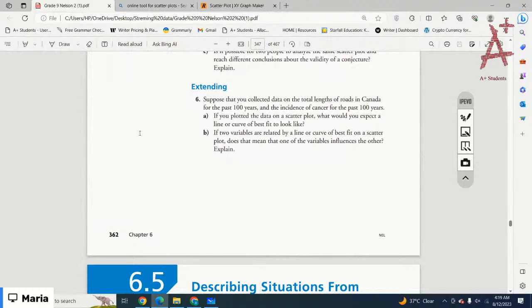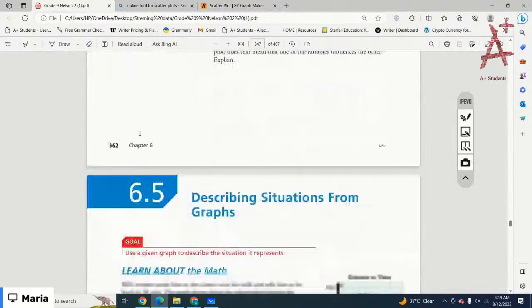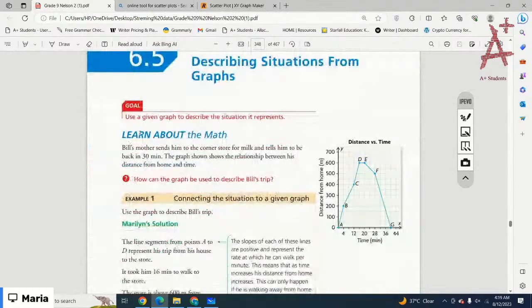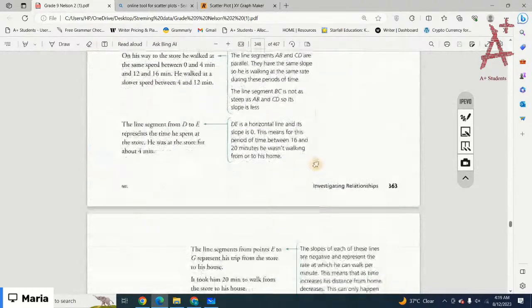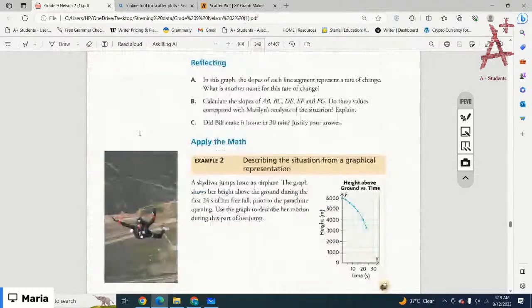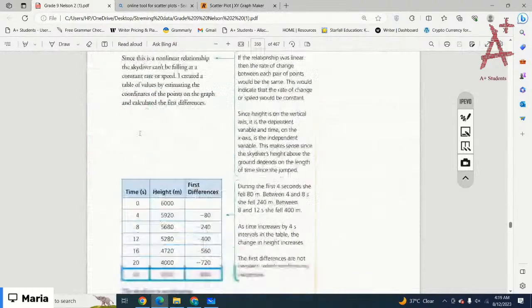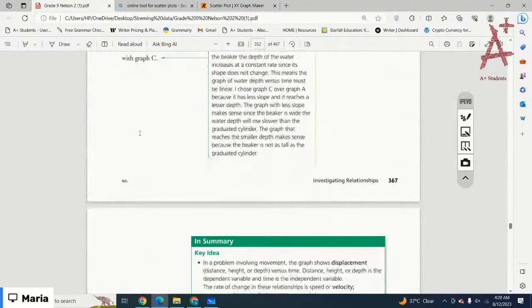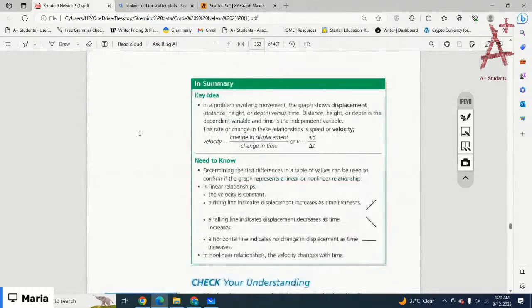Okay, let's just start with 6.5, describing situations from graphs. In a problem involving movement, the graph shows displacement, distance, height, or depth versus time.